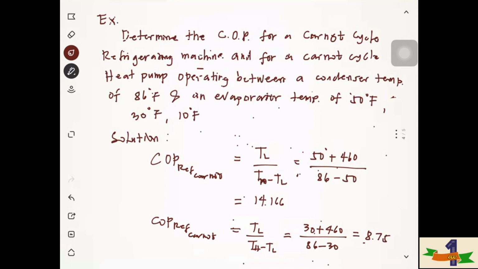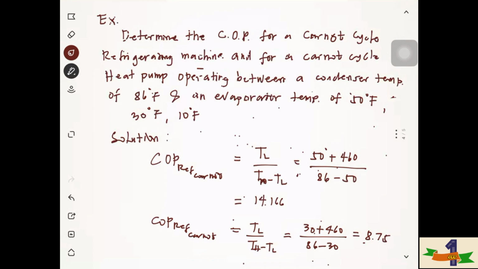Let's check if our answer is correct. 490 over 56 is 8.75, so that is correct.